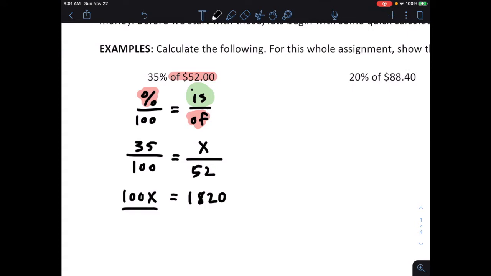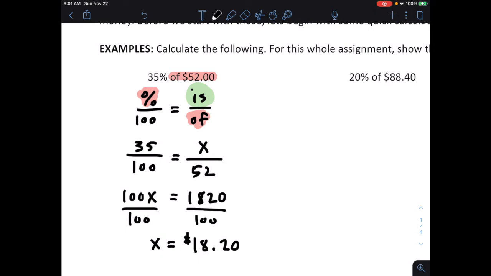And then we divide by 100. When we divide this by 100, we get 18.2. But we're talking about money, so we want to keep it in the form of money. So we are going to write it as $18.20.